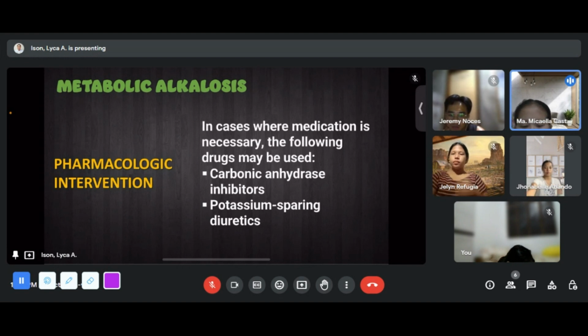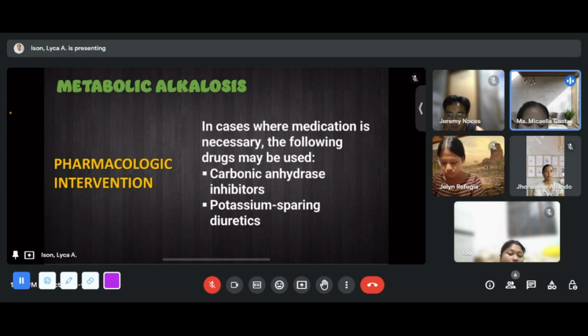So meron din dito yung potassium sparing diuretics. So na-discuss ito ni Jillian kanina. So potassium sparing diuretics, example ko dito yung Aldactone. So yung medicines that increase diuresis, urination without the loss of potassium.